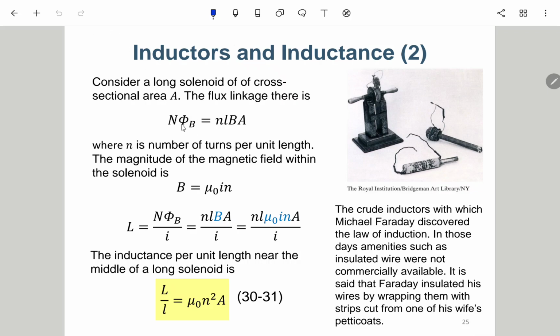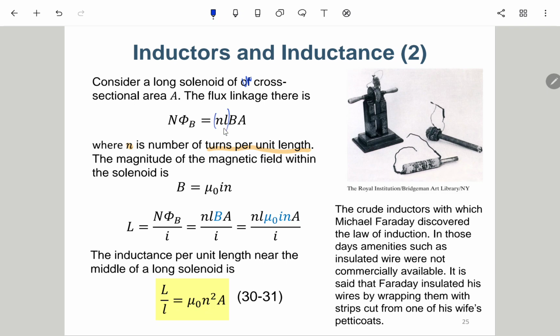Okay, so here we derive some formulas. Considering a long solenoid of cross-section area A, the flux linkage is N phi B. The small n means the turns per unit length, so the capital N is n times small l: the number of turns per unit length times the length of this solenoid.